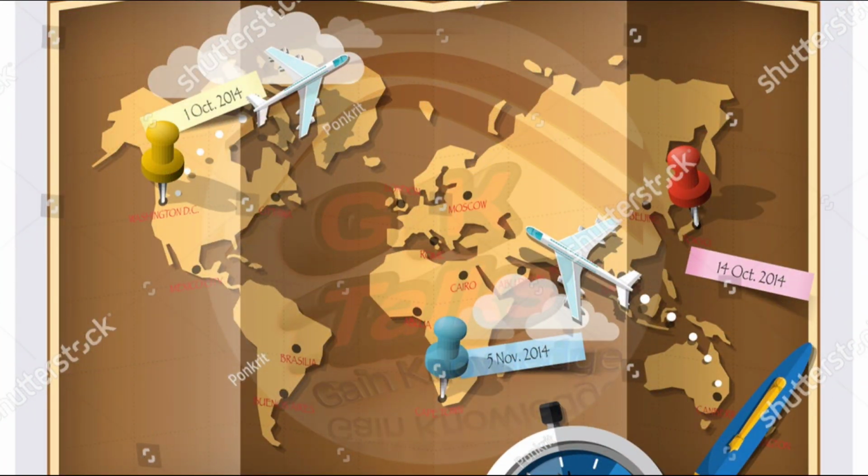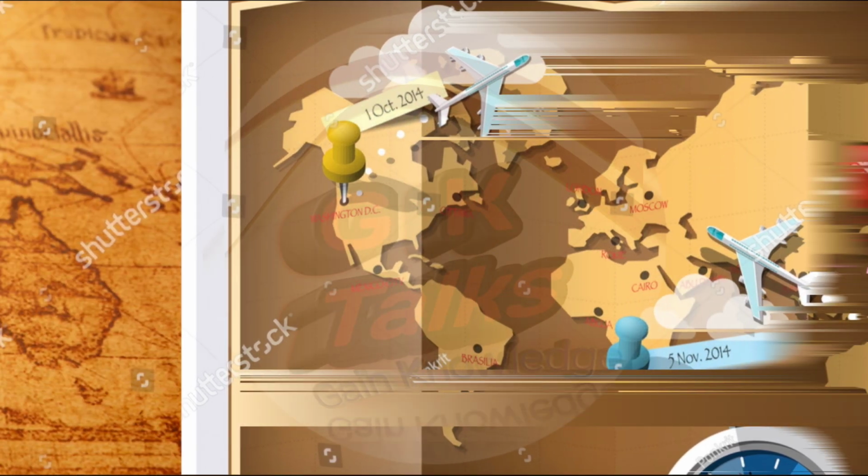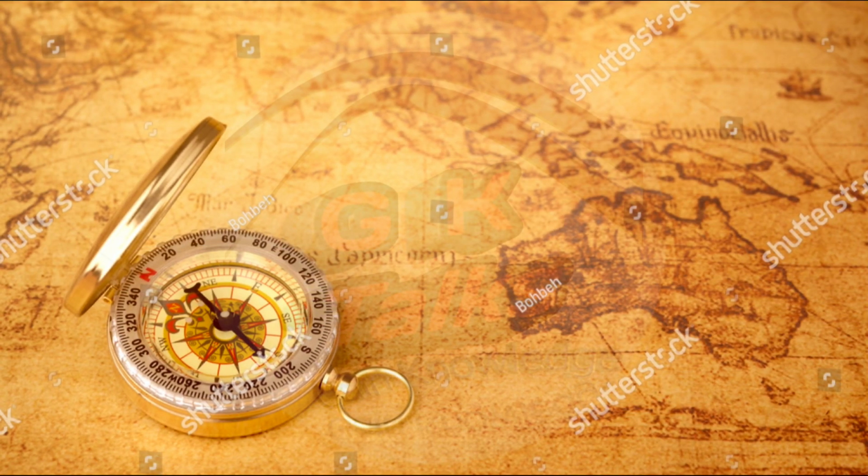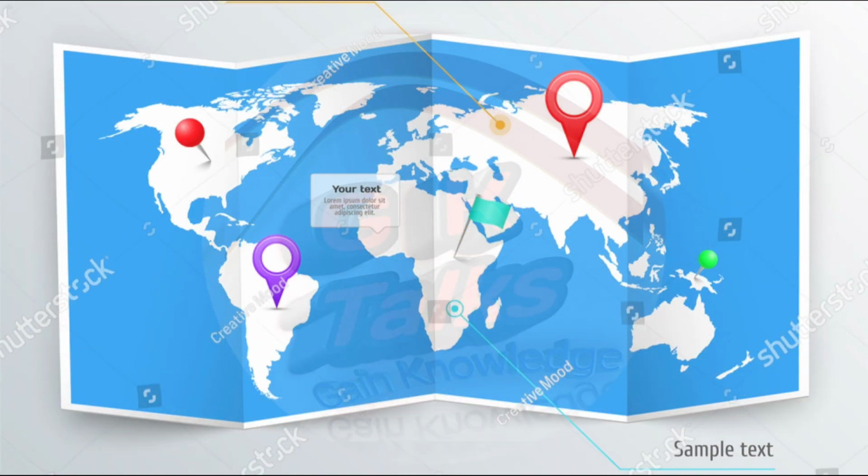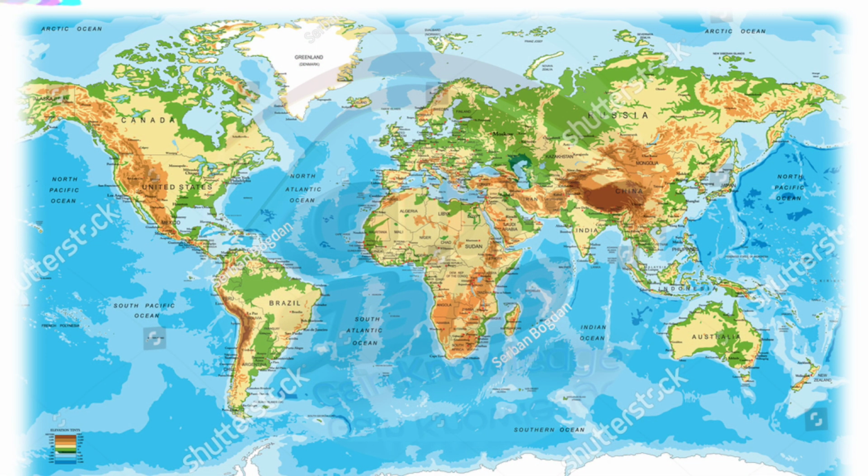So what is a map? A map is a representation of the Earth's surface or part of it on a flat surface. It can be drawn on a paper, on a wall or on a board. Maps can show countries and cities of the world in great detail. We have two types of maps. Number one, physical maps.